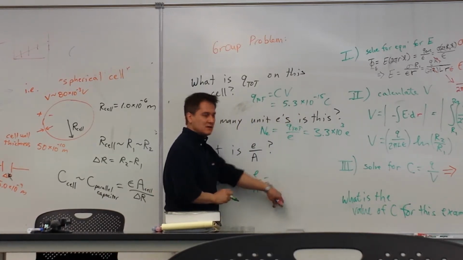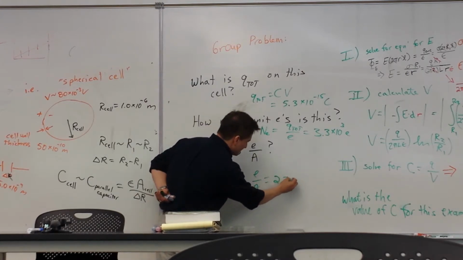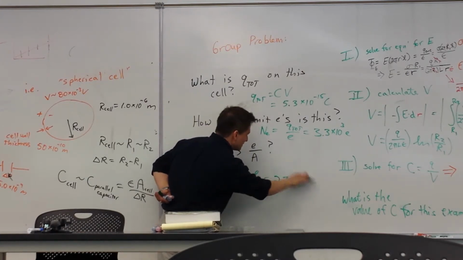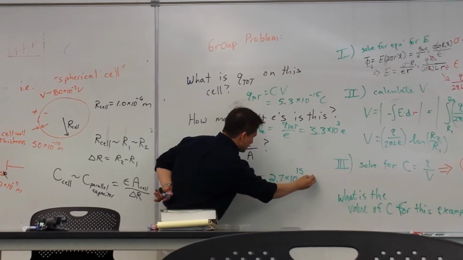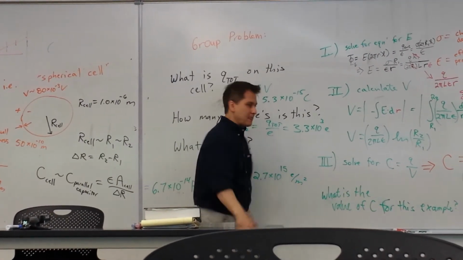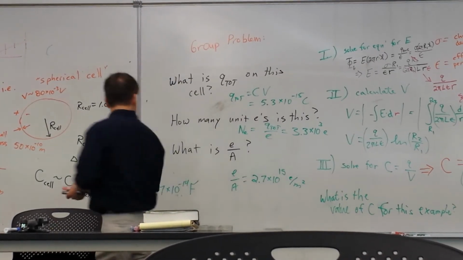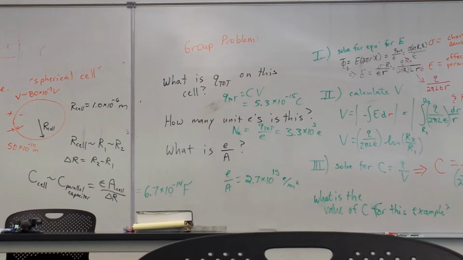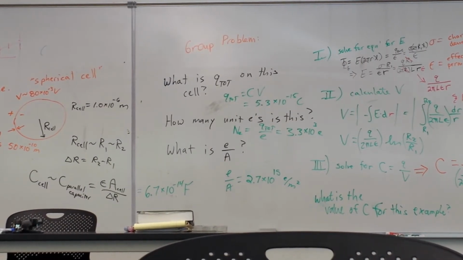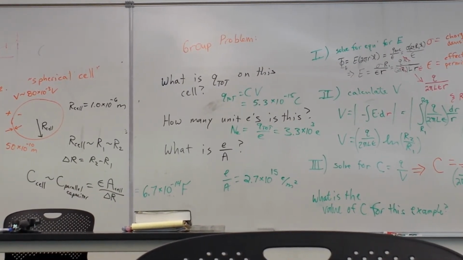Hopefully you got 2.65 times 10 to the 15th. I did square it, that's why. Yeah, you're right. So there's about 10 to the 15th unit charges per meter squared.